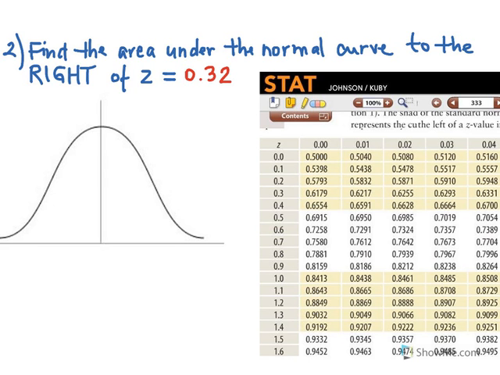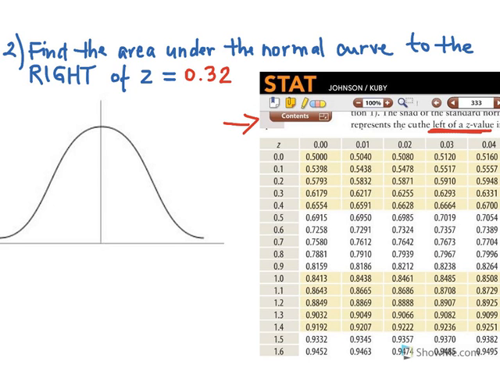This is the key factor in determining probabilities associated with values to the right of a z-score, because the table gives us values that lie to the left of a z value. So we need to find the area to the right by subtracting the left area from 1. Let's understand it.